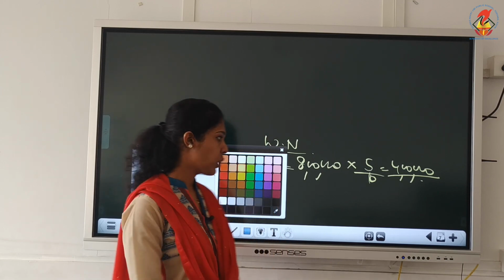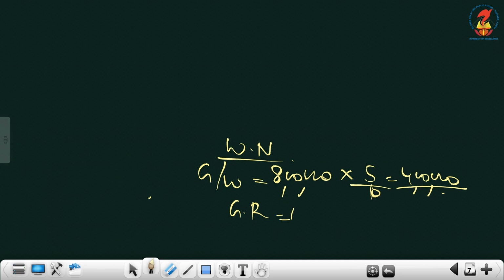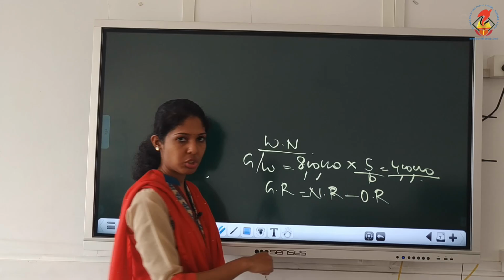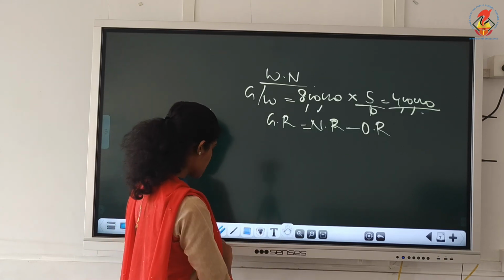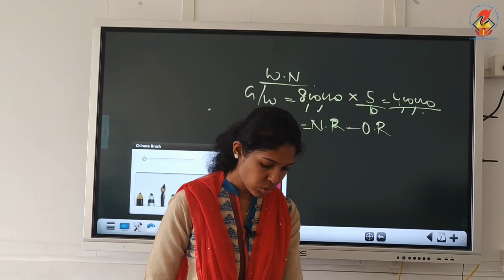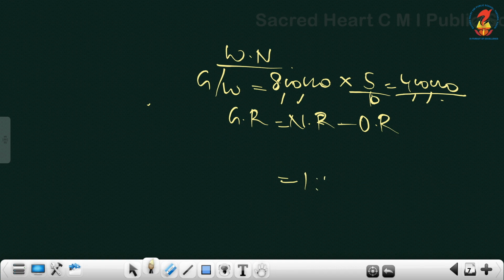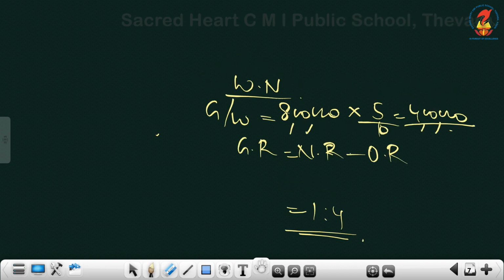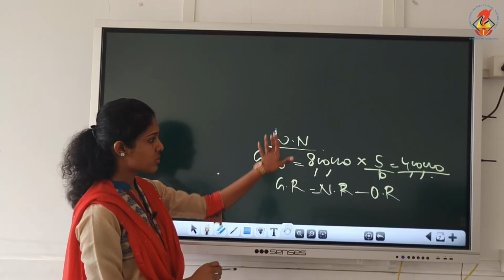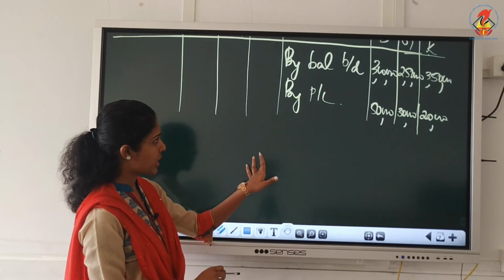So gaining ratio you have to compute, apply the formula, that is new ratio minus old ratio. I am not doing the calculation for gaining ratio, but you have to do it. So gaining ratio, here it is 1:4. You should do the calculation and get the answer. Substitute the formula, show the calculation here. So 4 lakhs will be divided in 1:4 ratio.